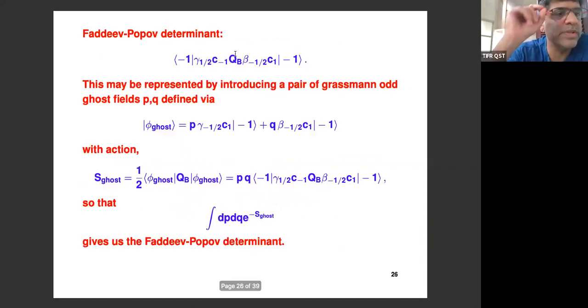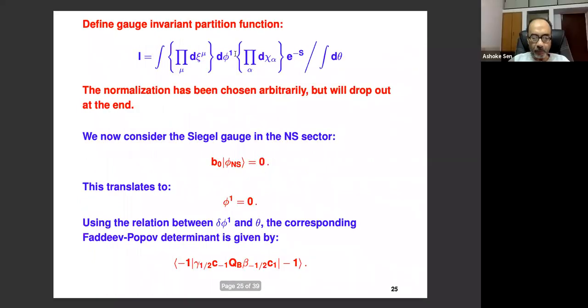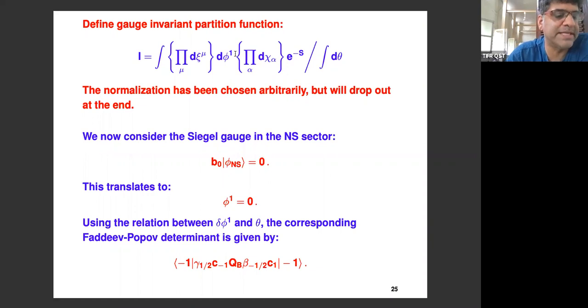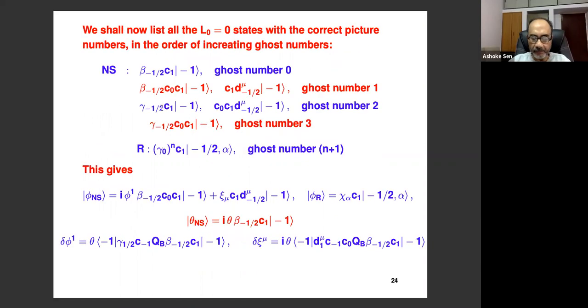Ashok, when you acted with b0 on the general field, the condition that set phi 1 to 0, was the variation proportional to phi 1 times h? Yes, indeed. So that's why that gauge fixing doesn't work when h is exactly 0. In fact, this matrix element is proportional to h. These are for the ghost determinant.